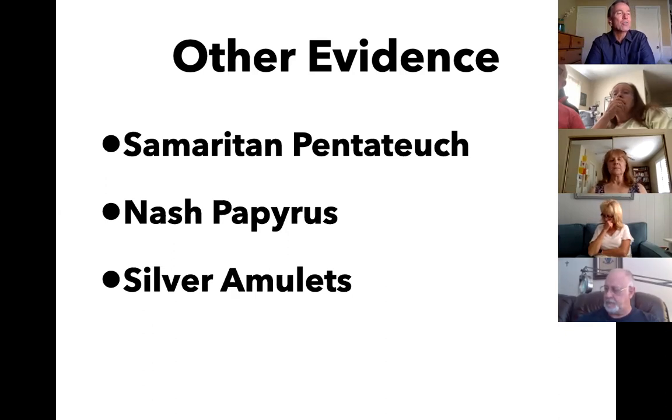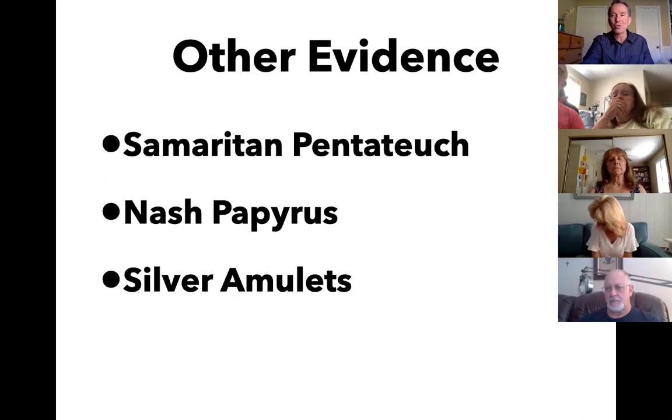Some scholars have argued that this amulet proves that the blessing pre-existed the book of Numbers. In our view, the use of this passage as an amulet indicates that it was already known in its present context. So you have these three documents that add to and support the Masoretic text.